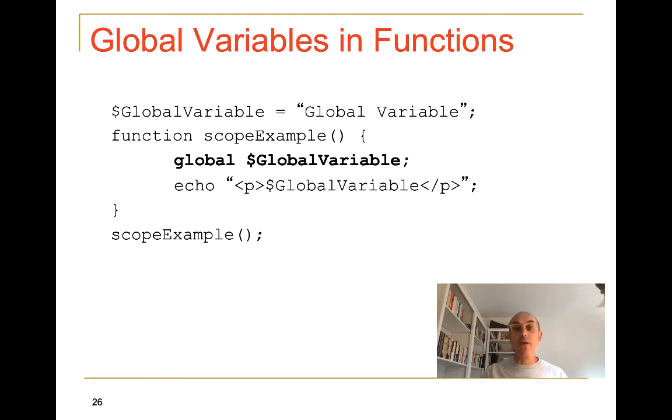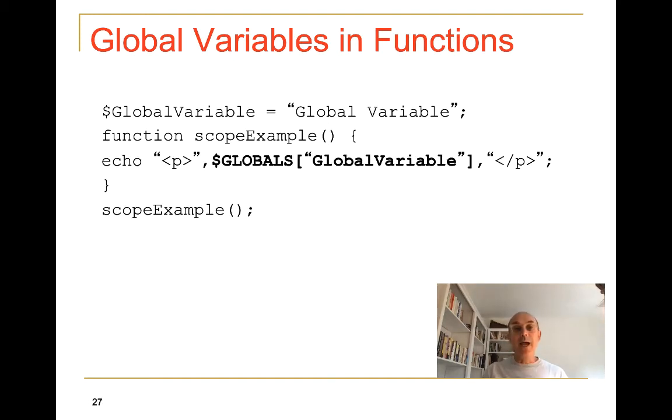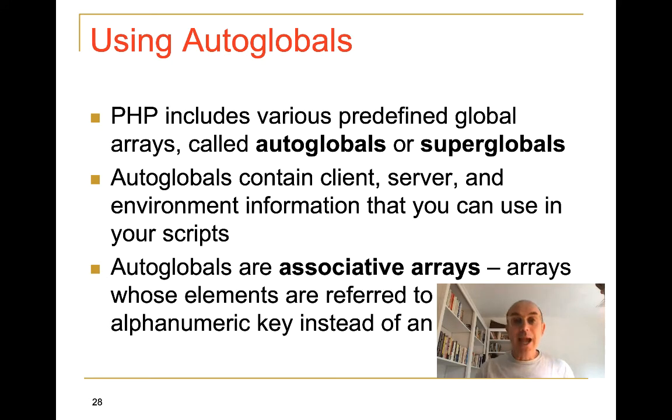If we are talking about a global variable, we define what a global variable is and its echo and how it is displayed. And so in this case, the echo will be this example. Another way to do this is using autoglobals, which include various predefined global arrays, and they can be called autoglobals or superglobals.